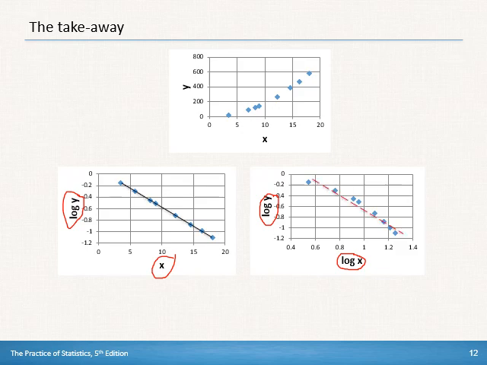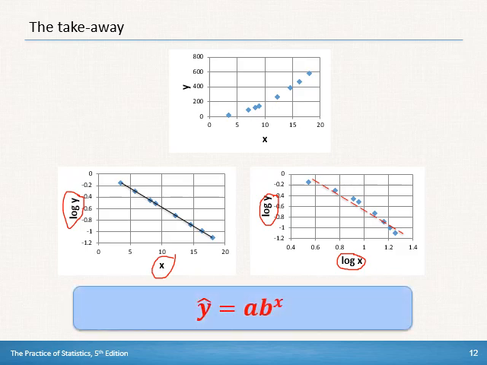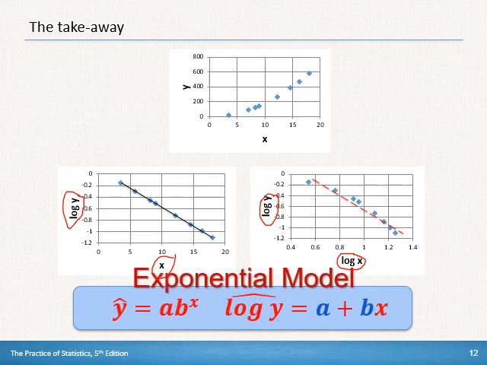And so clearly, x against log y is linear, whereas log x against log y is not. So the model is clearly an exponential model. So we can see that x plotted against log y is linear, and so that tells us that we have an exponential model.